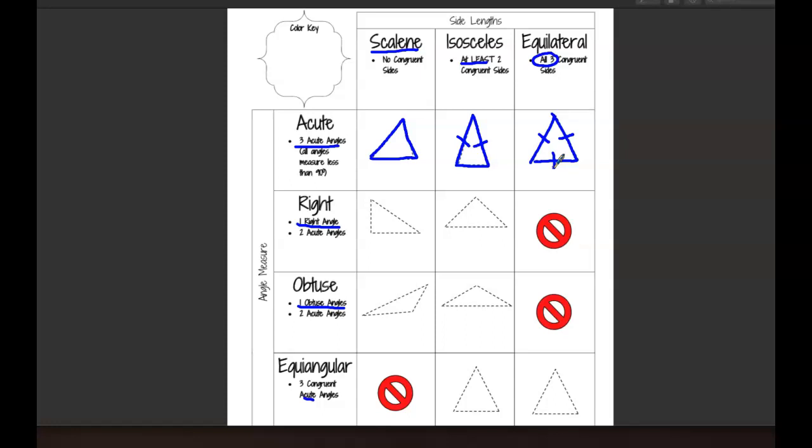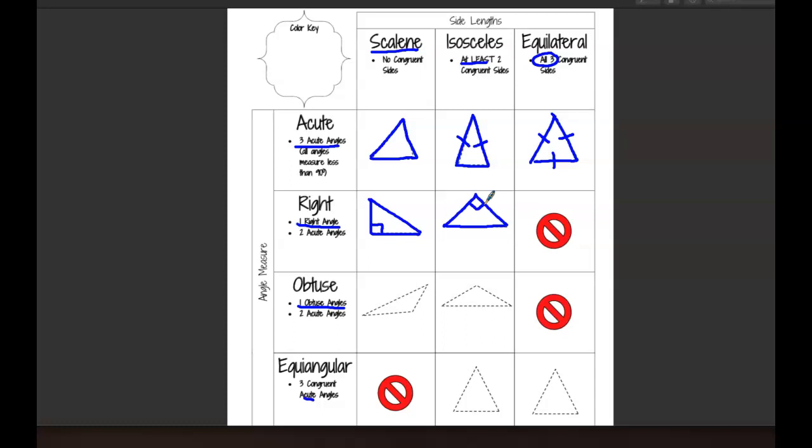Okay, now if I go down to the next row, I have a right triangle. So let's draw in our box to indicate that is a right angle. One of the angles is 90 degrees, the other two are acute, and since it's a scalene right triangle, none of the sides are congruent. Over here, I have a right triangle that is isosceles, and this one to draw in this is your right angle up top.